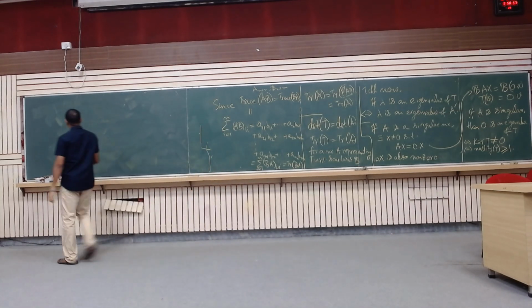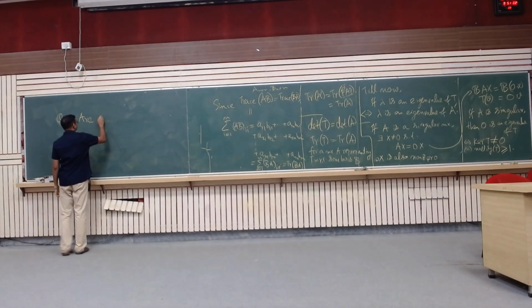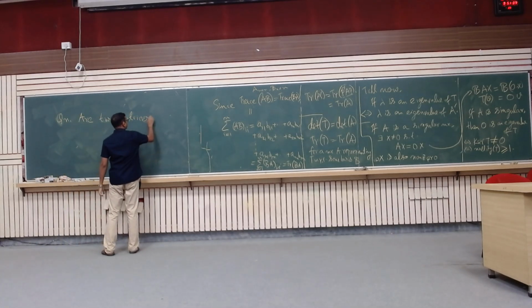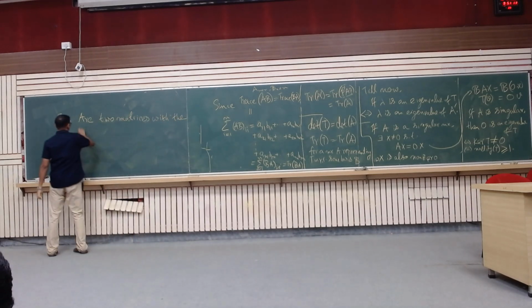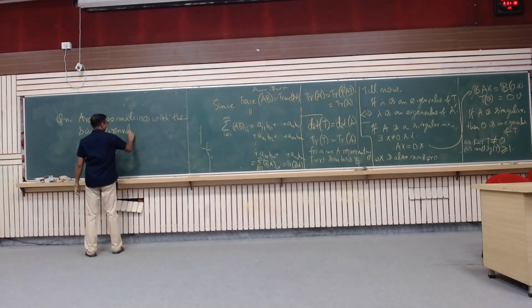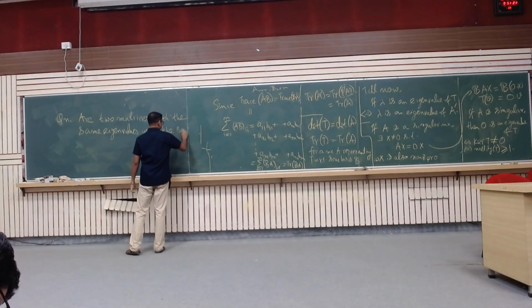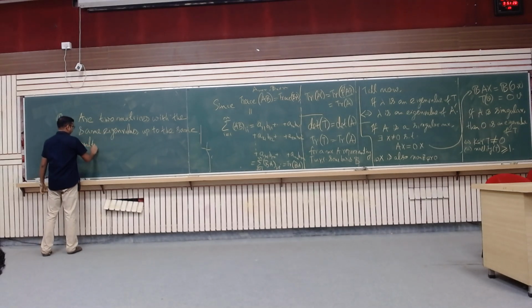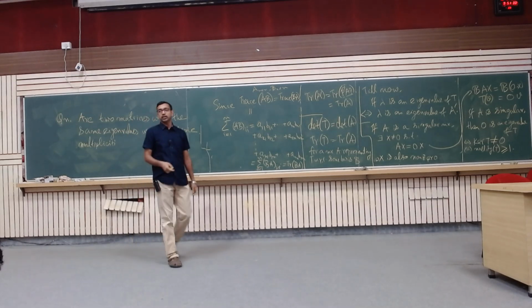The question is, are two matrices with the same eigenvalues, up to the same multiplicities, similar? That is, each eigenvalue is repeated as often as in the other one.